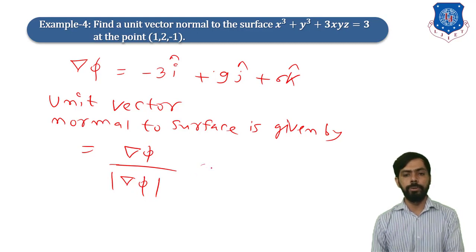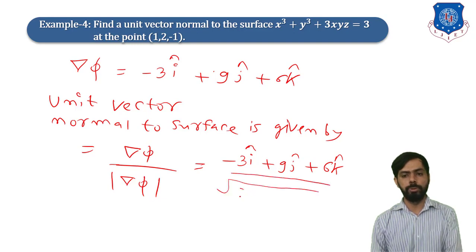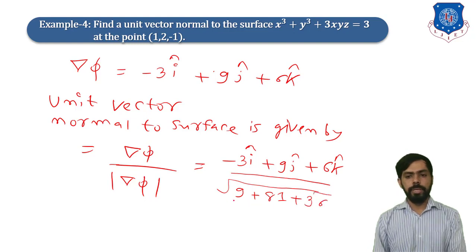So this will be minus 3i plus 9j plus 6k divided by the magnitude of this vector. Minus 3 whole square is 9, plus 9 square is 81, plus 6 square is 36. So 81 plus 9 is 90, and 90 plus 36 is 126.